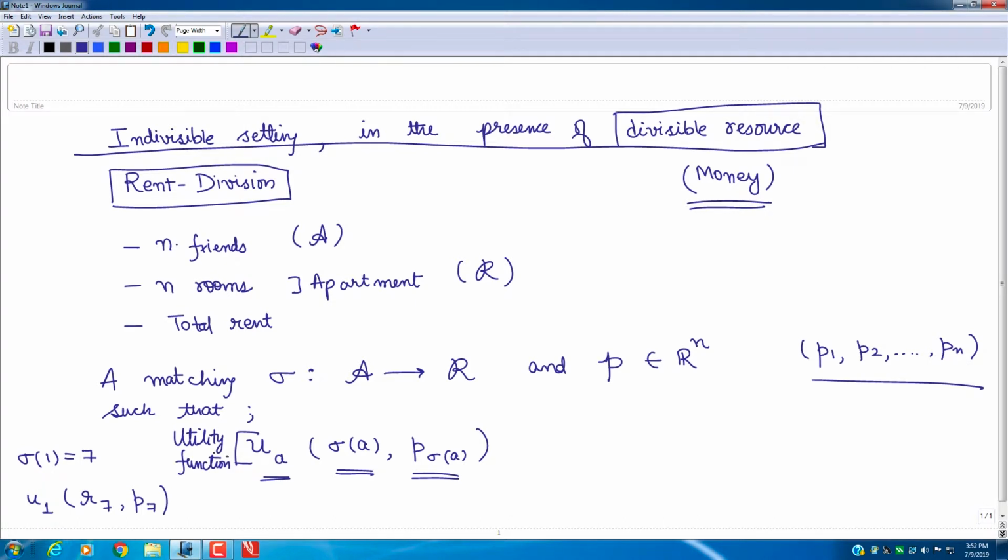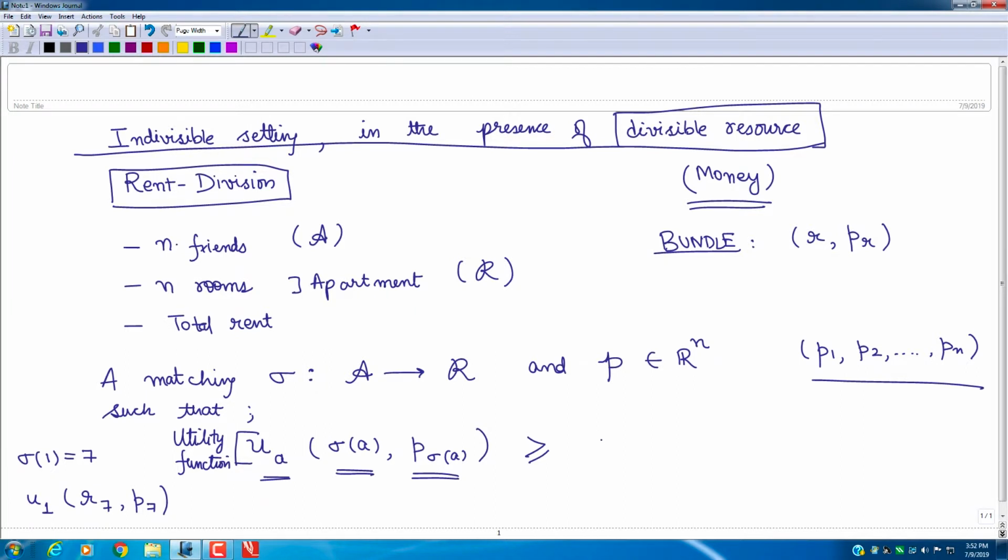This is the utility agent A is deriving if he's assigned this particular bundle, and I'll denote a bundle as a room along with its price. If he's being allocated this bundle, and I'm right now focusing on the fairness notion of envy freeness, what do I write here?